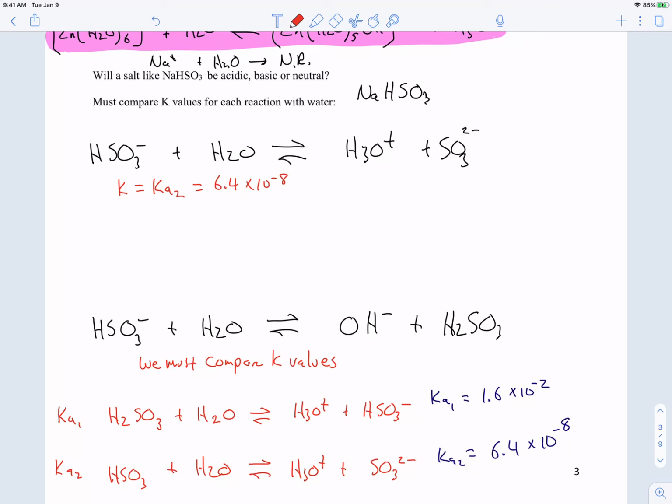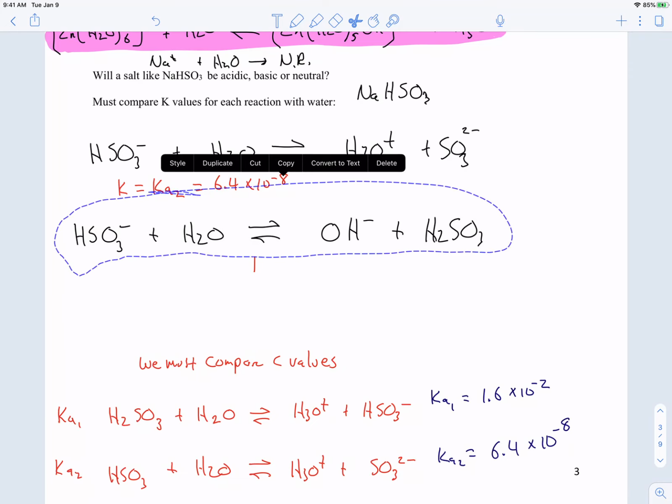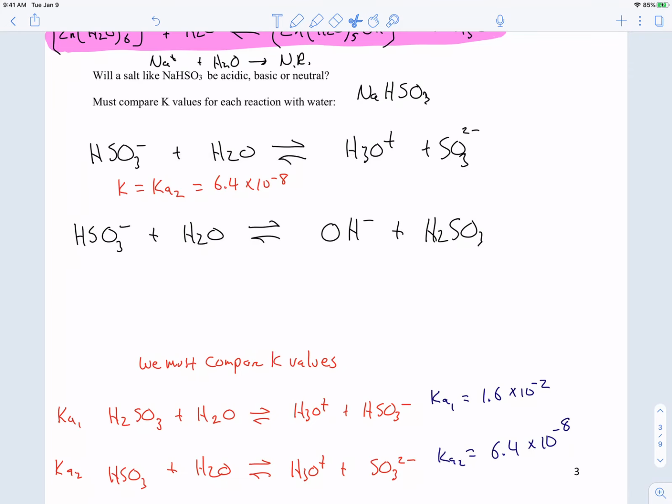Okay, so now we have the first K value. Let's move this up. And let's now determine the K value for the second equation. Well, K is not Ka because we produced hydroxide.